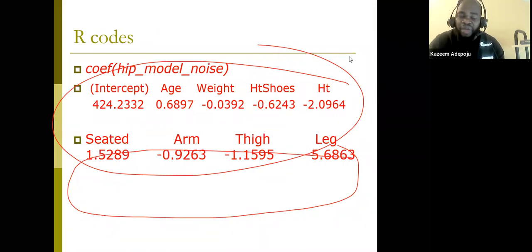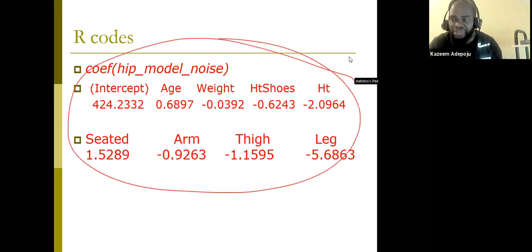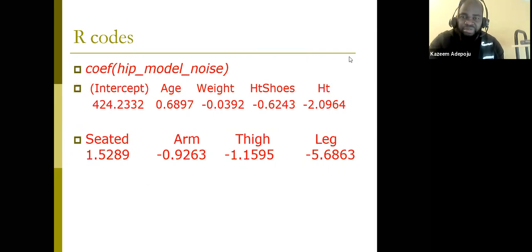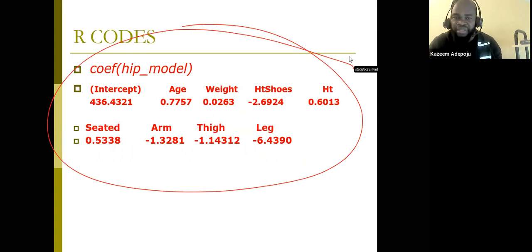Now, what I want you to see is this. After adding noise, this is what I have now, and without noise, this is what I have. I want you guys to pay attention and compare them.